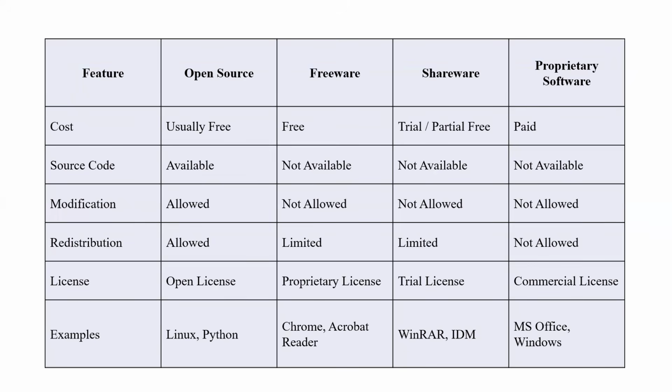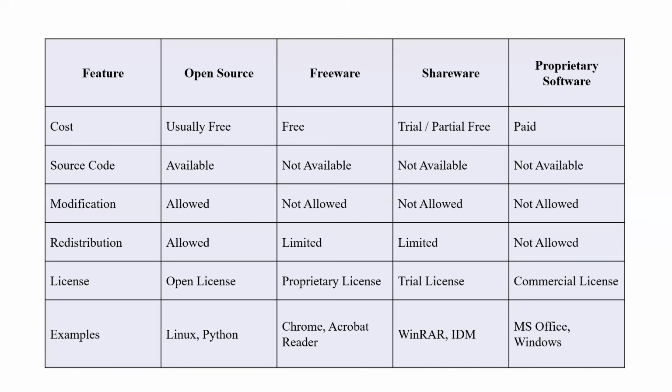It is a marketing strategy: for example, you can use it for 1 month, and after 1 month, if you want, you can buy it. They give a trial period or some partial free period. If it is 15 days, then automatically after 15 days the software will be destroyed. That is the concept of shareware.